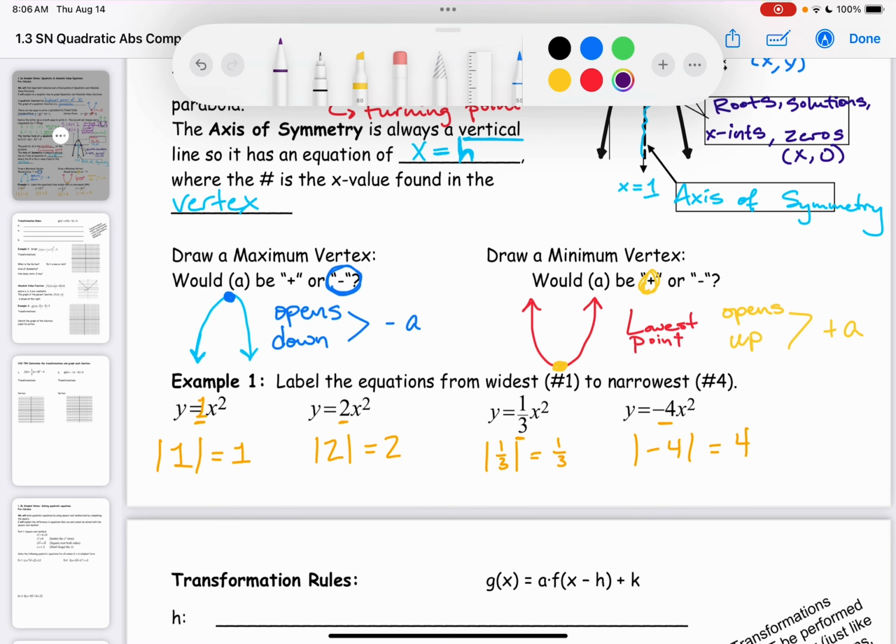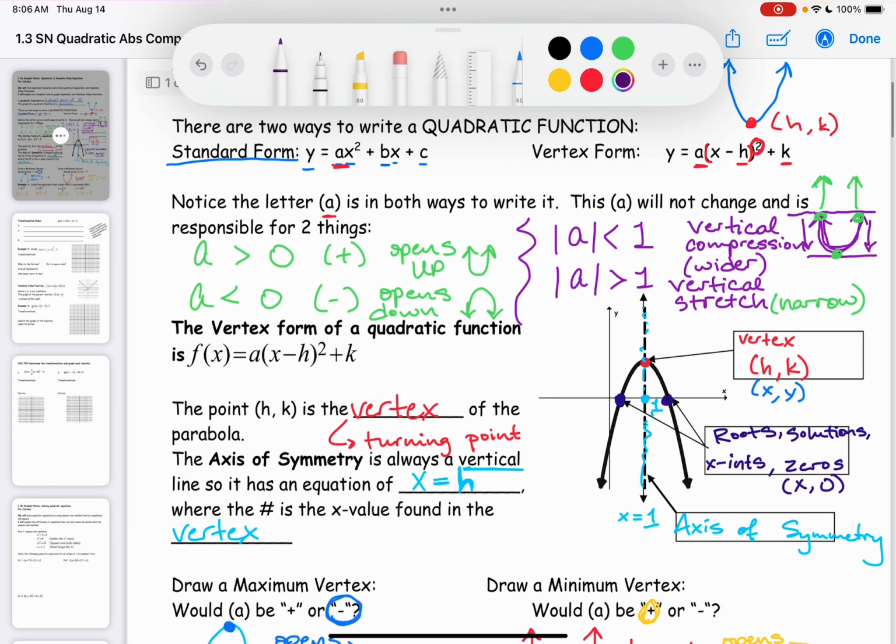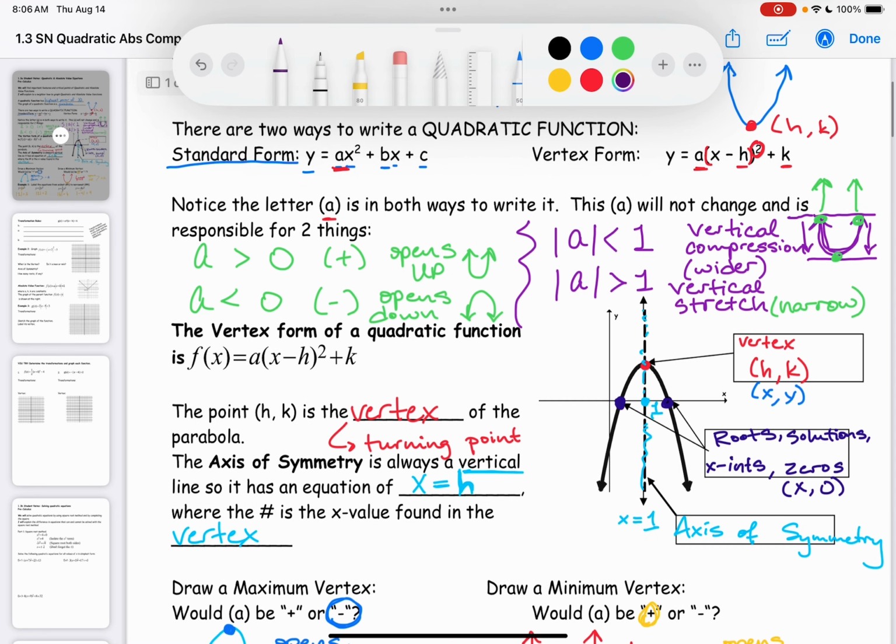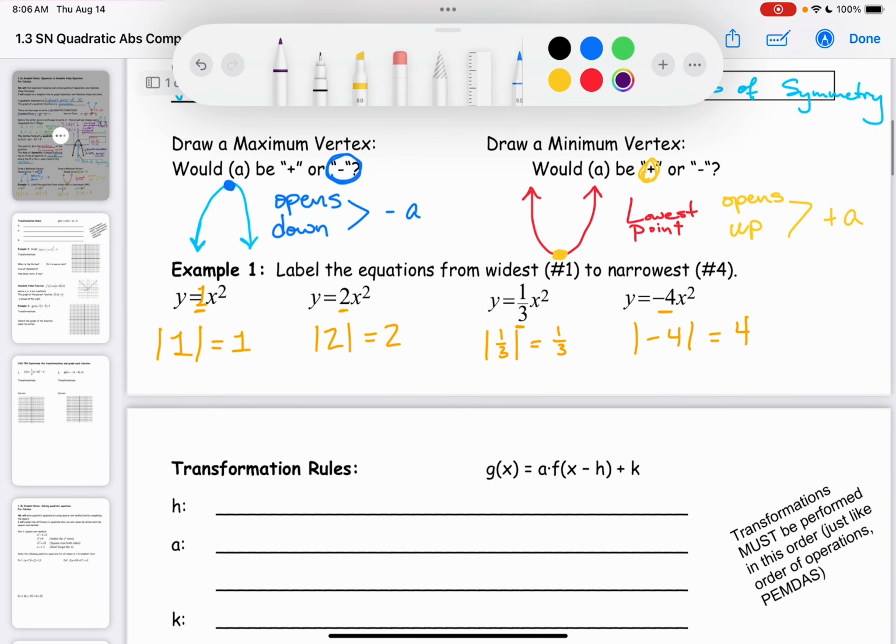So what we set up here is that the vertical compression is going to come from an absolute value of a less than 1. Are any of these less than 1? The only one less than 1 is 1/3, because this one is 1. This one's greater than 1.